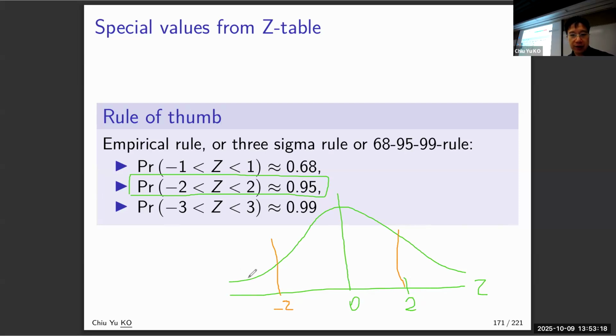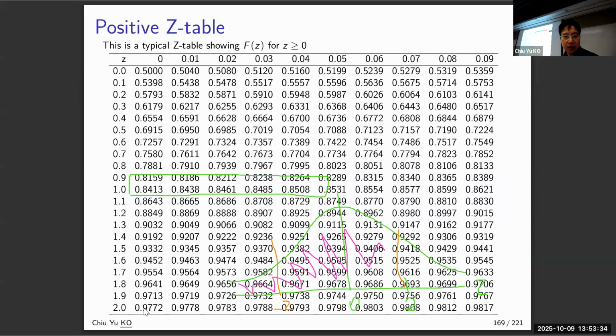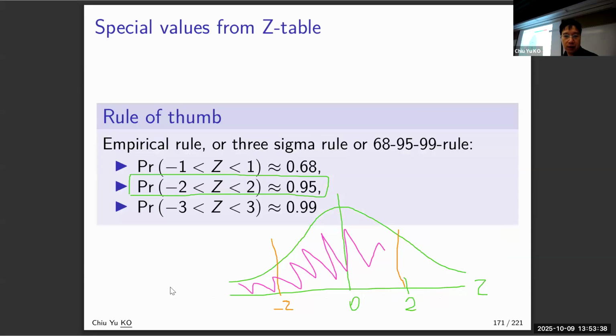But the data you have is just this wiggling pink area, because you only know less than 2. And less than 2, you go up here, is this guy: 0.9772. So that means the purple area is 0.9772.